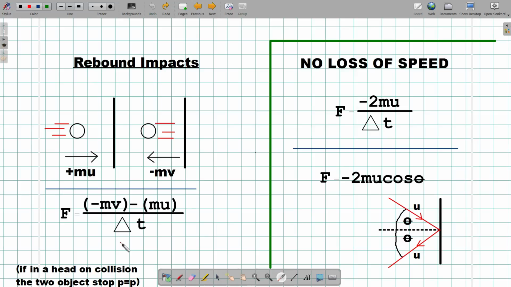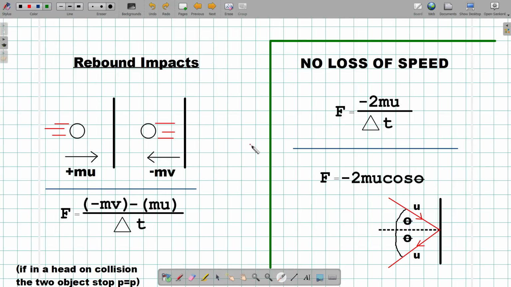So in this minus mv minus mu, v is the velocity after it's hit the wall, and u is the velocity before it's hit the wall. We can assume mass is constant usually. It's minus mv because it's moving in the opposite direction.